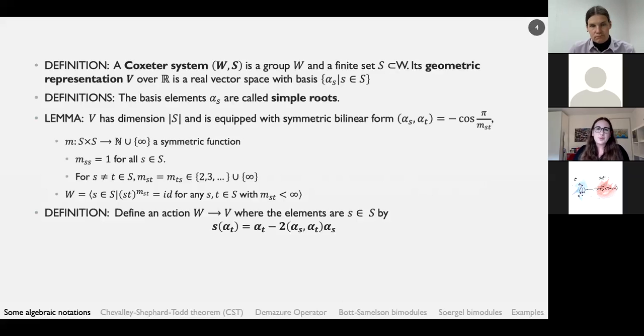And this is going to be important. This action is defined by s(α_t) equal to α_t minus 2 times (α_s, α_t), the bilinear form from before, times α_s.